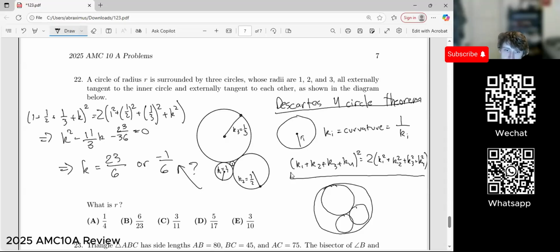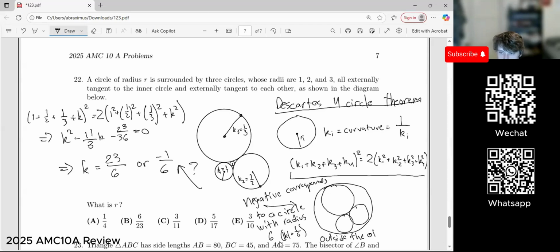So the negative corresponds to a circle with radius 6, so its curvature is 1 over 6, outside the other three. So sometimes they can be positive or negative curvatures, depending on if it's on the inside or the outside. But that doesn't matter too much to us.